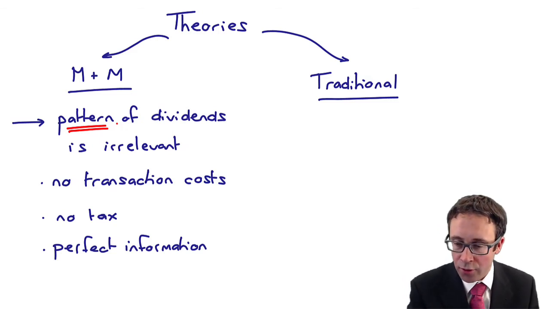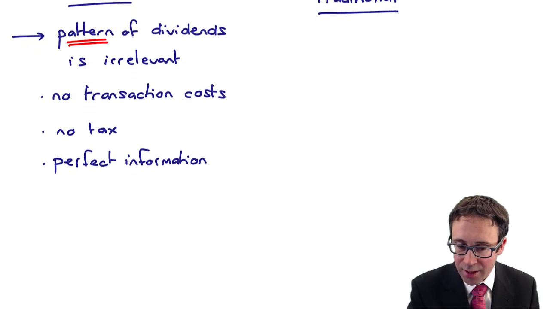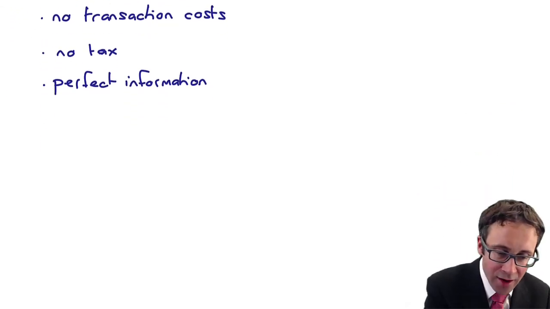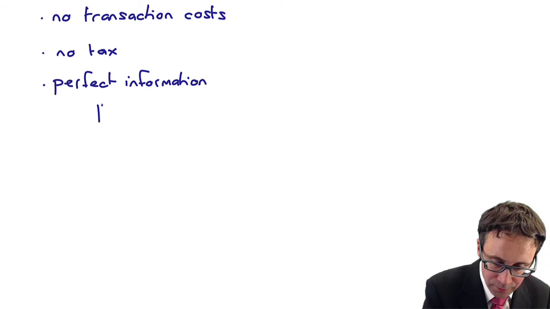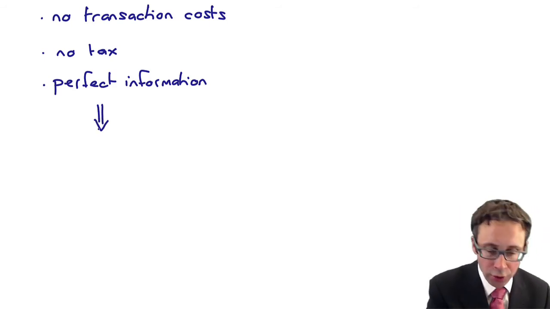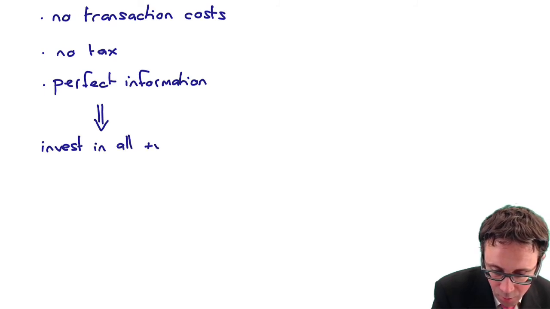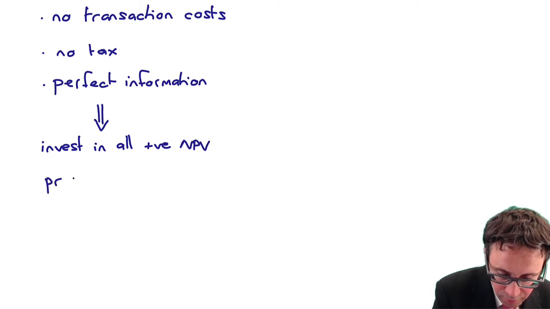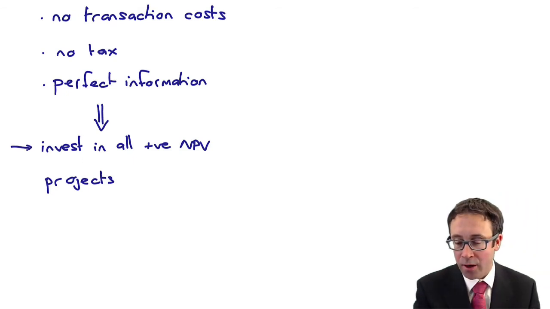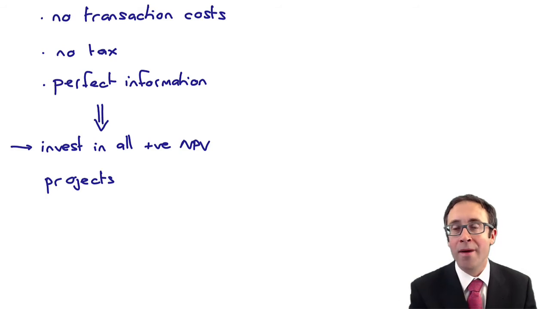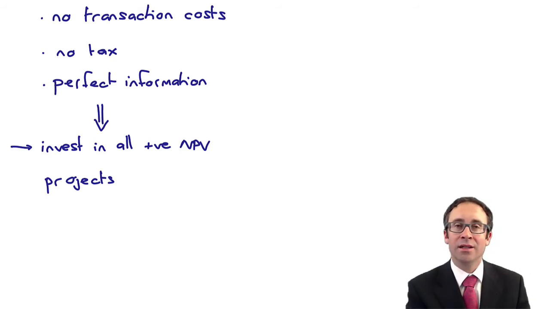So, if you like, a final conclusion is that what we should be doing is investing in all of our positive NPV projects. And then we pay out the remainder as a dividend.